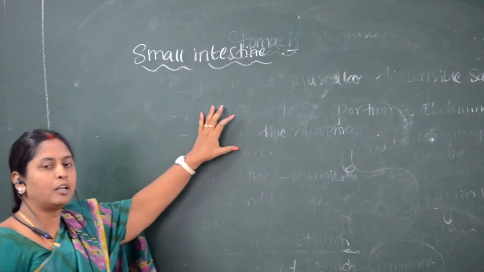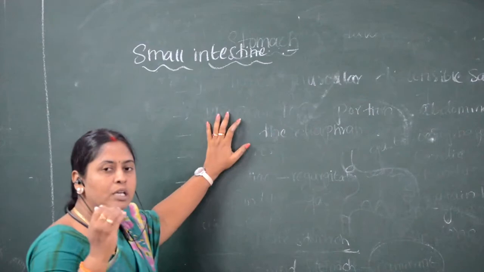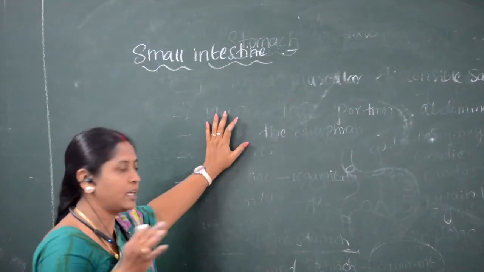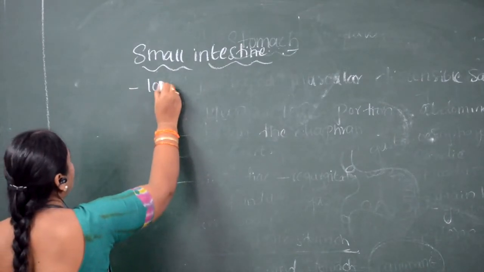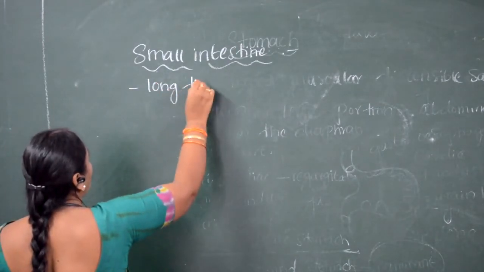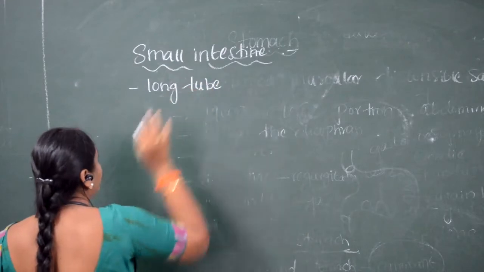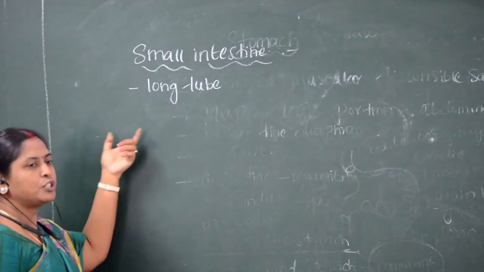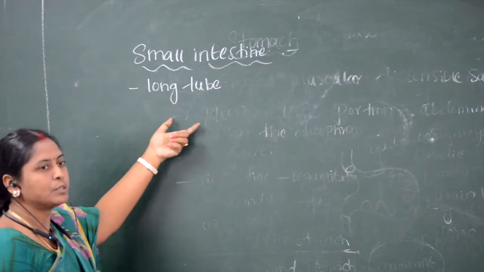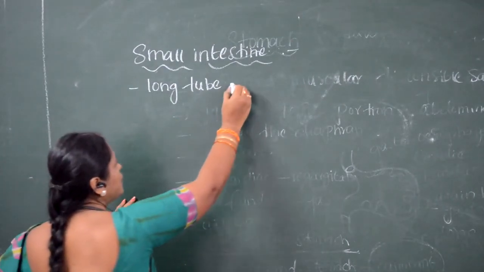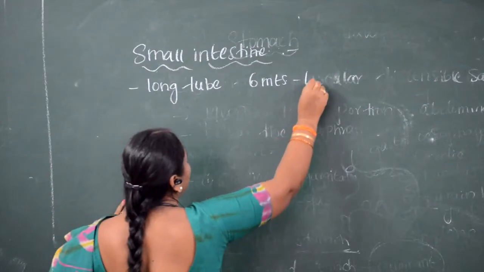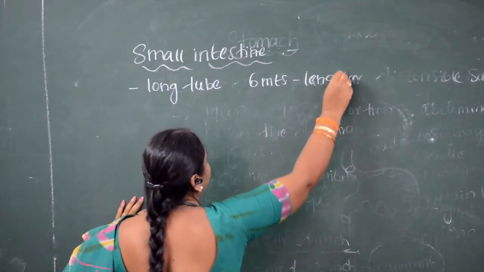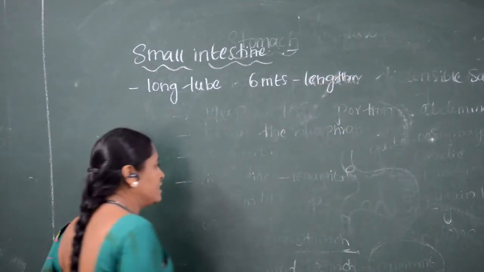In the alimentary canal, the longest tube is the small intestine, which is 6 meters in length.